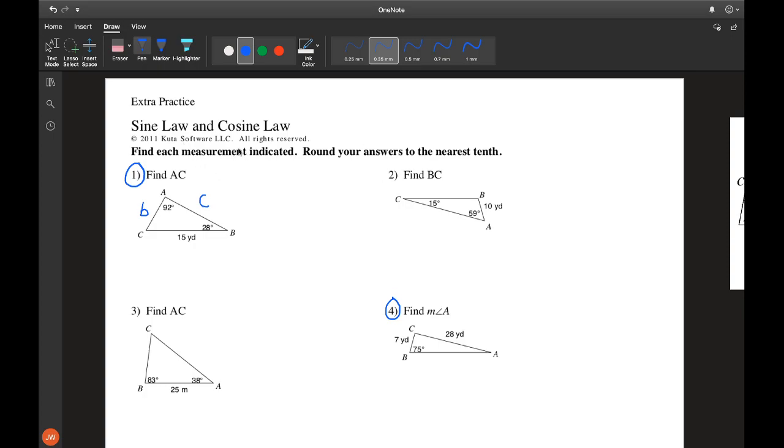So let's do this. So B, our unknown side, divided by the sine of the angle B, 28, is equal to A, which is 15, divided by the sine of angle A. Now notice here we have an unwanted division on B by sine 28, and we want to isolate B, so multiply both sides by sine 28.